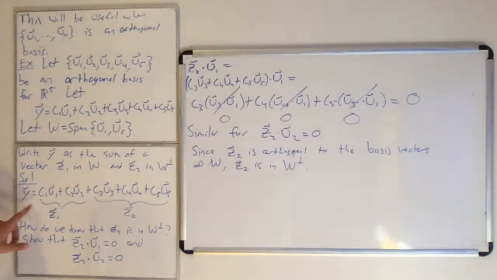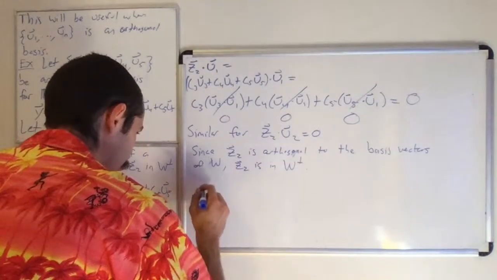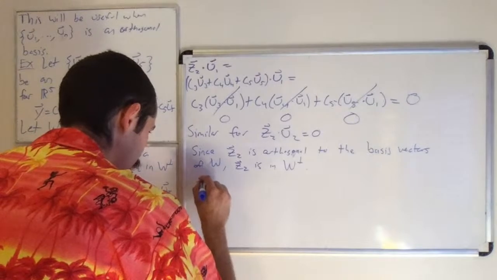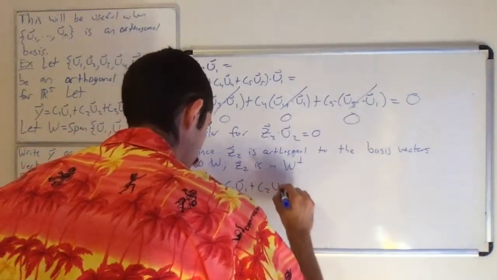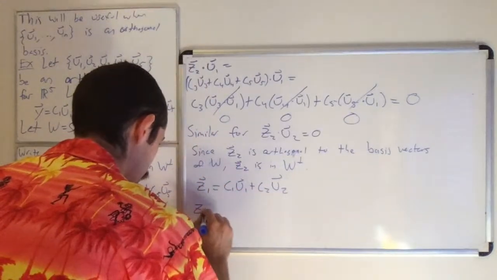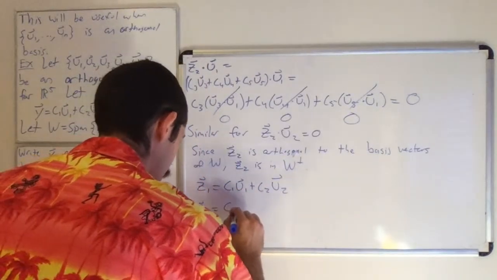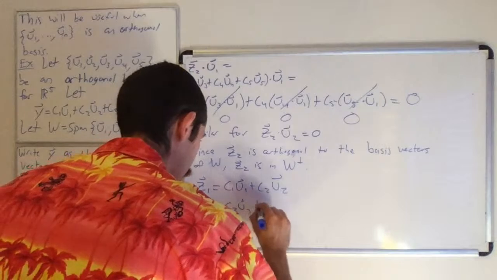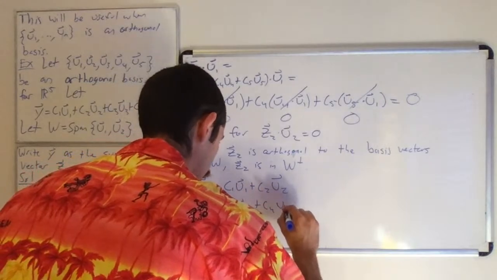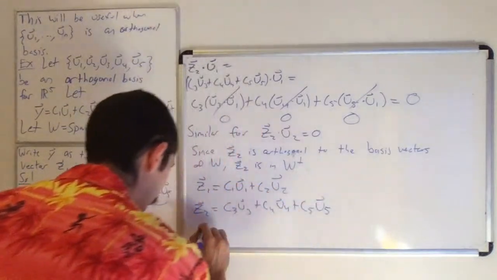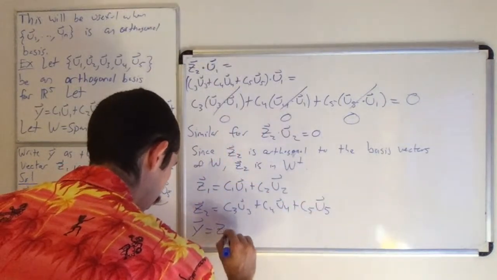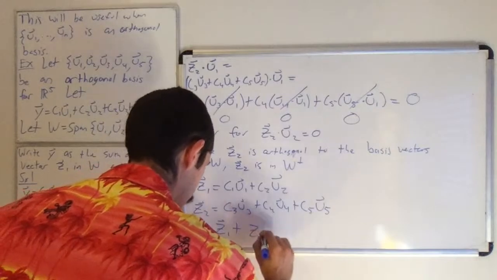We could write y as, so z1 is equal to c1u1 plus c2u2, and z2 was equal to c3u3 plus c4u4 plus c5u5, and y is equal to z1 plus z2.